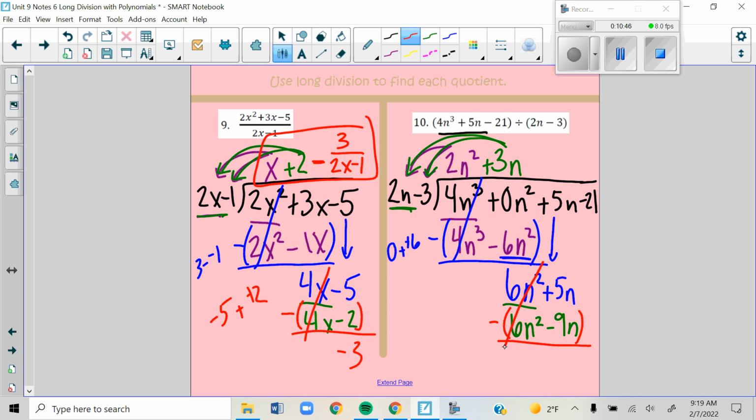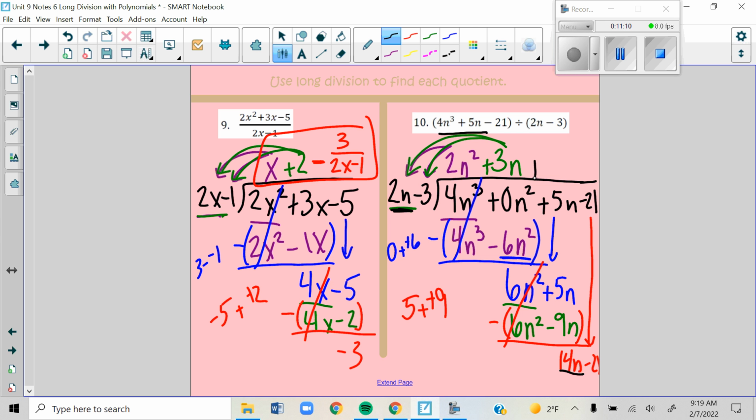My n squared terms cancel. And now I have 5 minus negative 9. So that turns to plus positive. So then I'm going to end up with a 14n. And I'm going to bring down my 20 minus 21. Okay, so then I look at this again and I say, hey, I have 2n and I need to make it into a 14n. Well, what do I need to multiply 2 by to make 14?